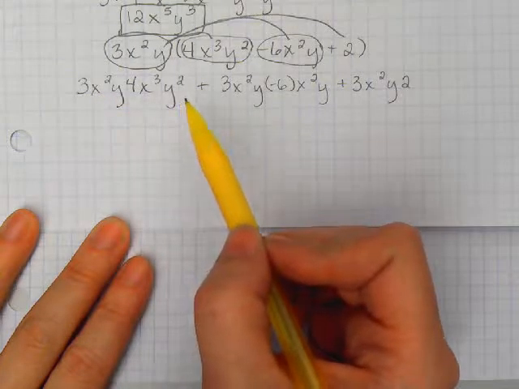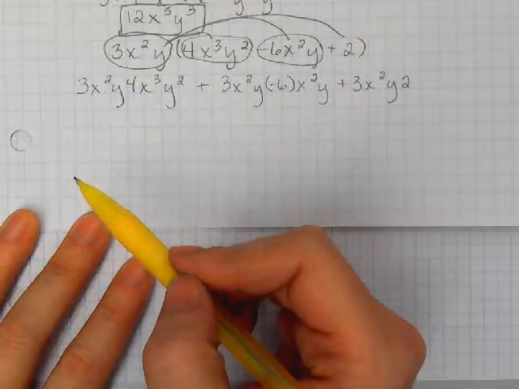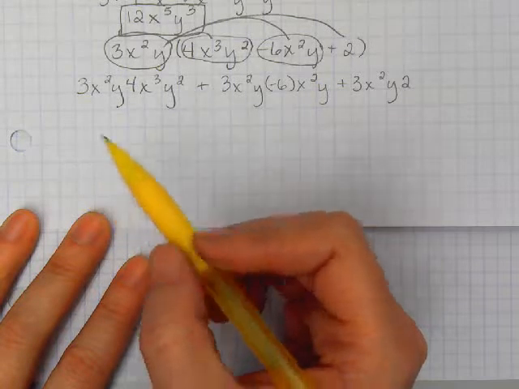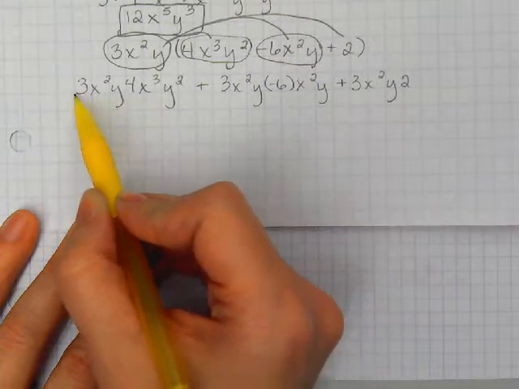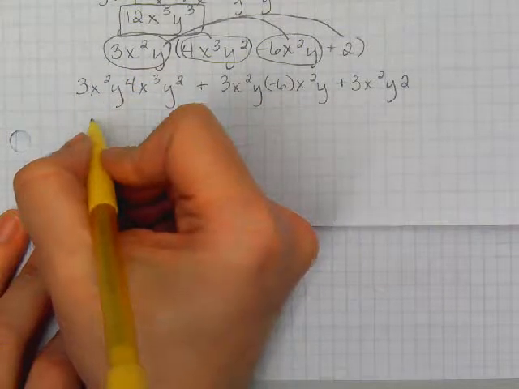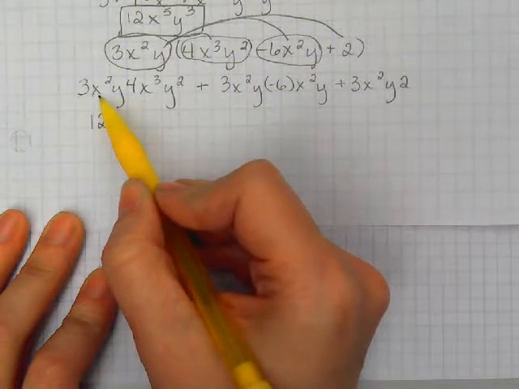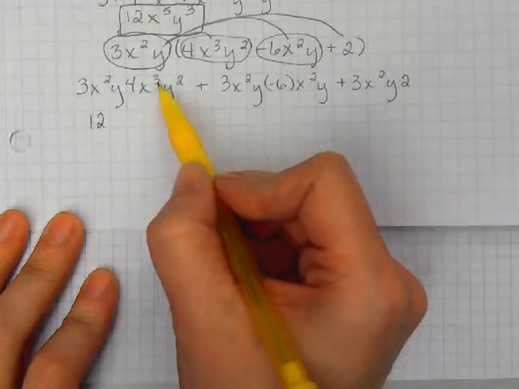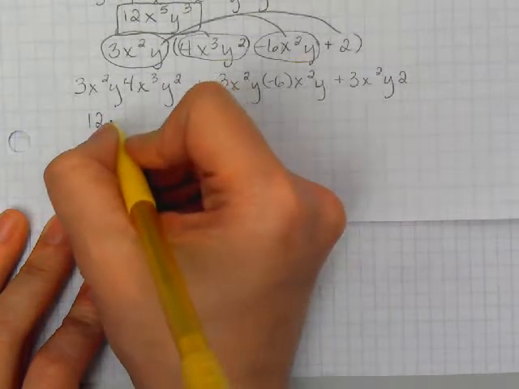X squared times x squared is x to the fourth. And y times y, y to the second. I got everything covered from my second term. Do I need to do more? Oh yes, because this isn't y squared, this is y times 2.